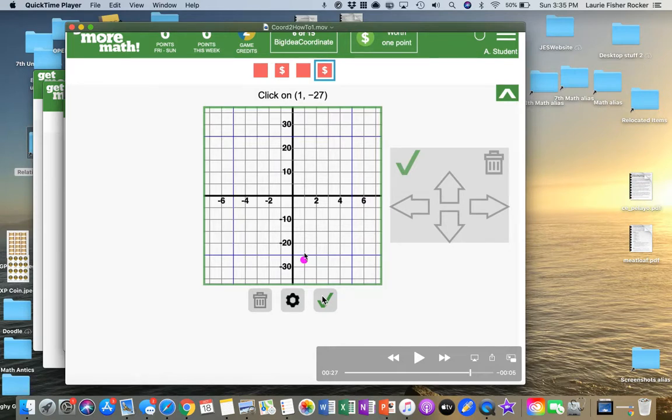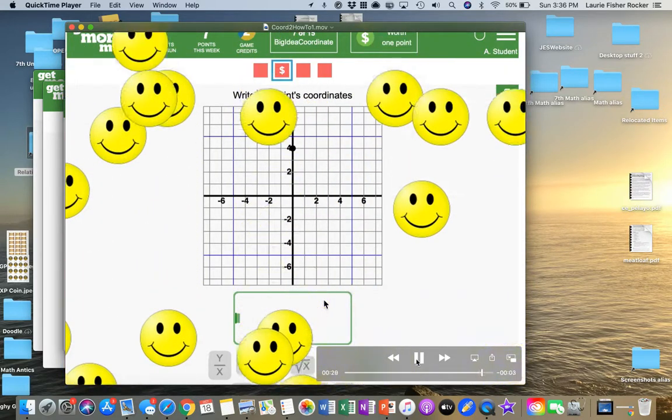You could put it right here, right on the 25, and then just hit this twice. 1, 2, and it'll bump it down to 27. And if you're like, I don't like where that point is at all, just hit the trash can and it'll disappear. Okay, so that's what these controls are about. And so that would be 1, -27.